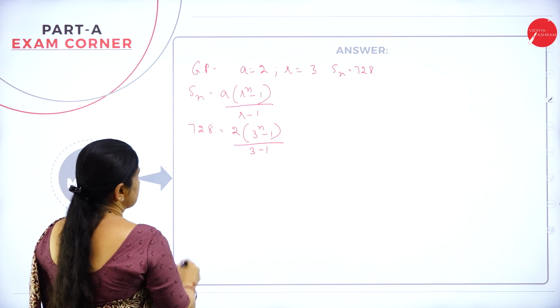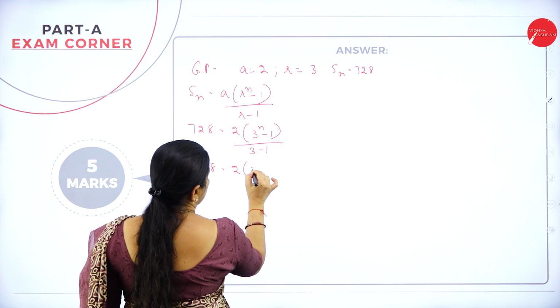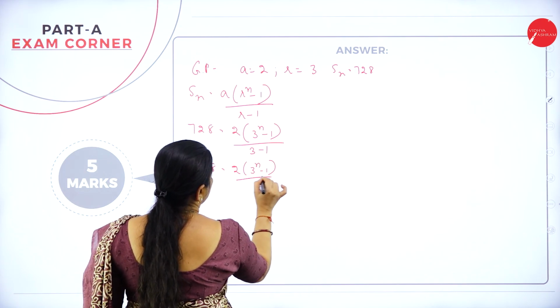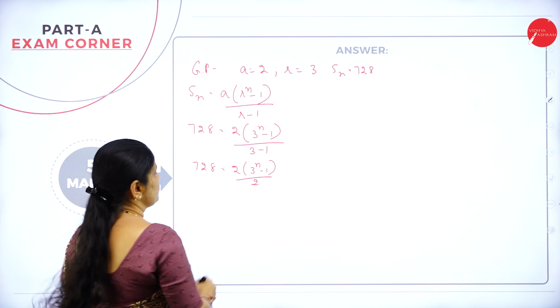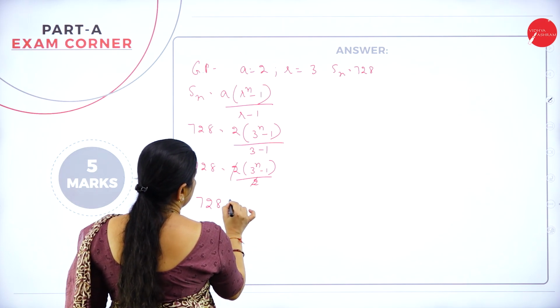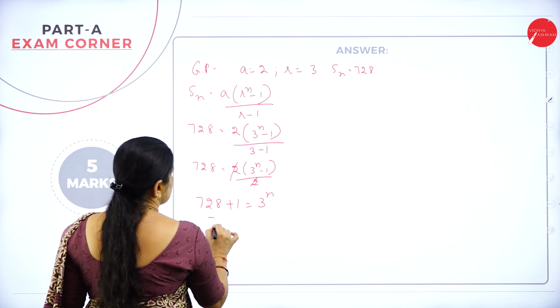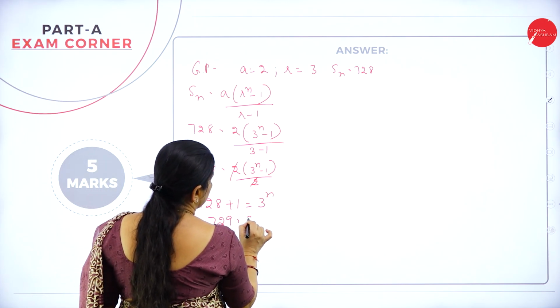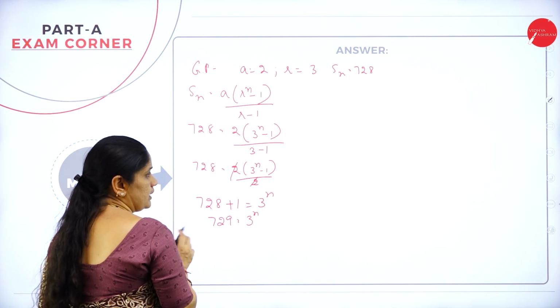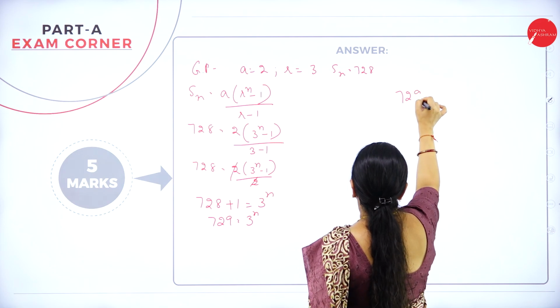I will further simplify this. 728 equals 2 into (3 to the power n minus 1) divided by 2. So 2 and 2 get cancelled. So 728 plus 1 equals 3 to the power n. So 729 equals 3 to the power n. Now 729, I have to express it in powers.